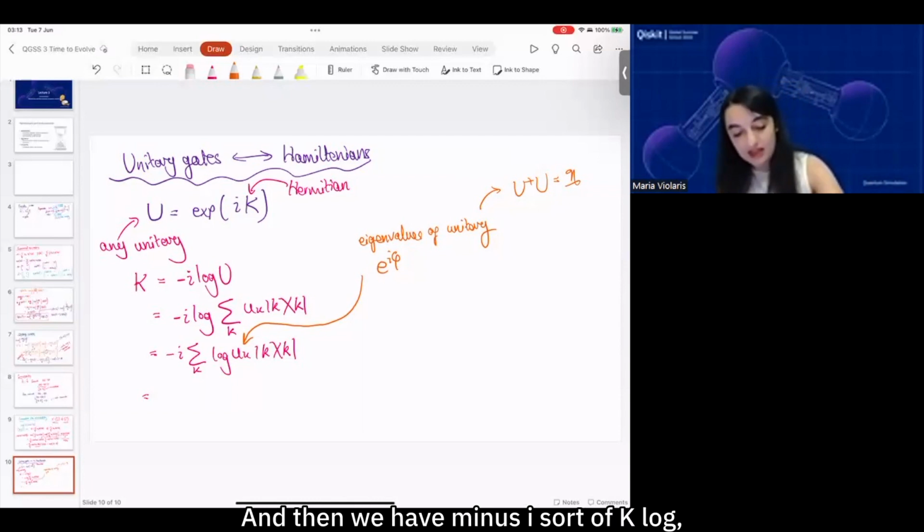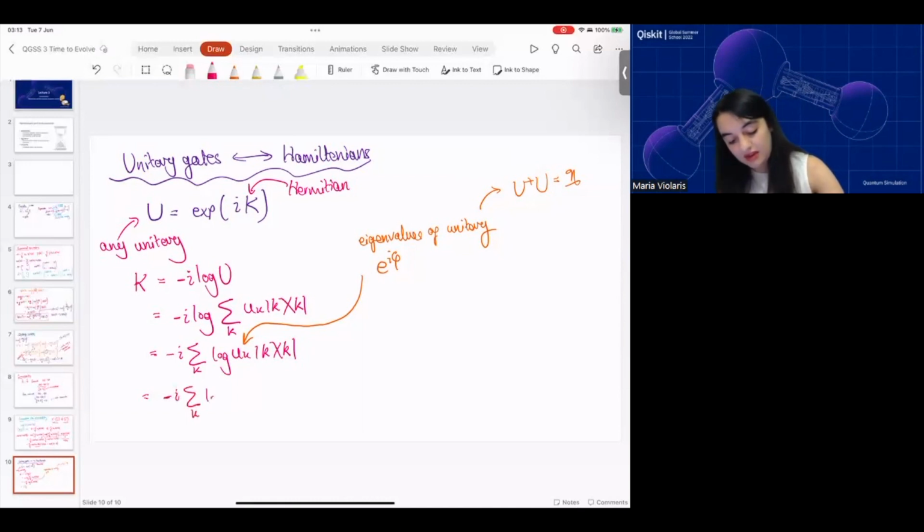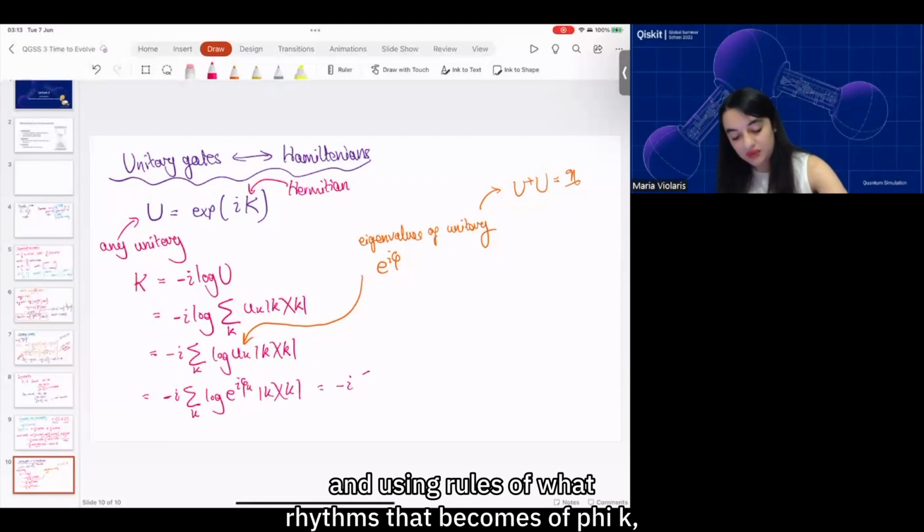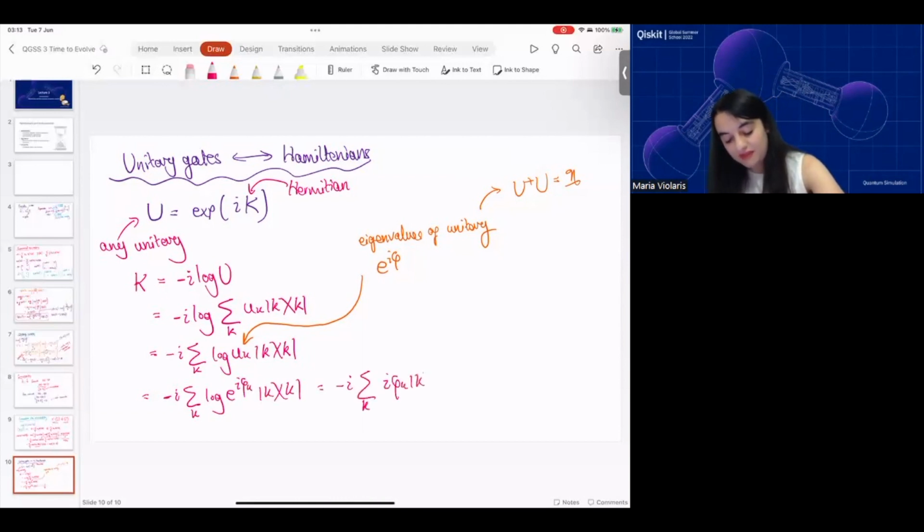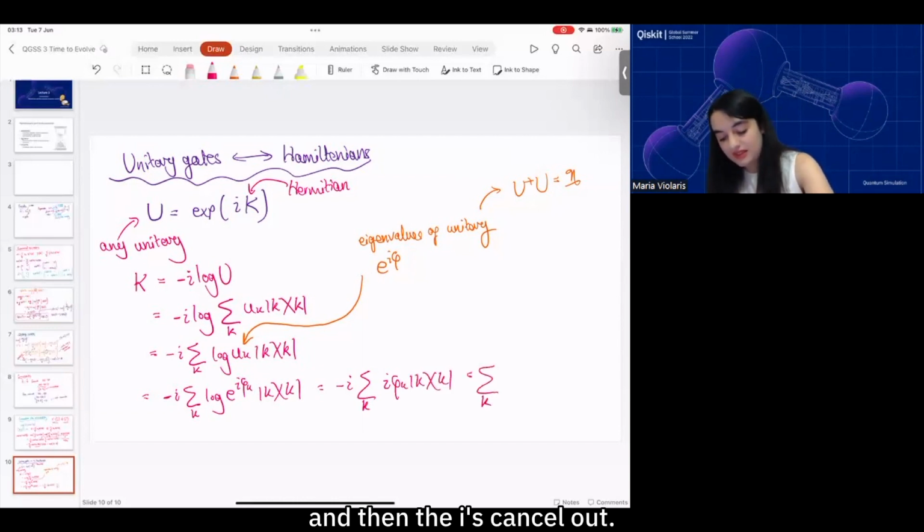And then we have minus i sum of k log e to the i phi k. Using rules of logarithms, that becomes i phi k, and then the i's cancel out.